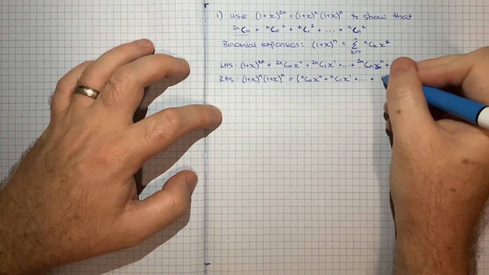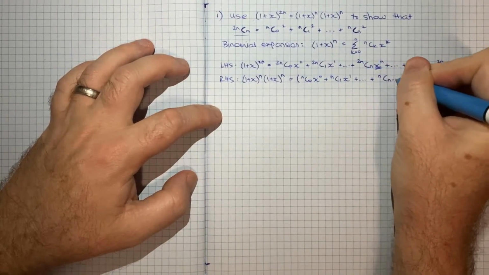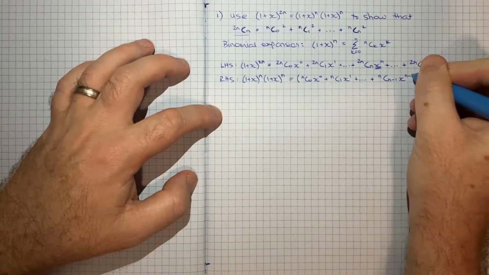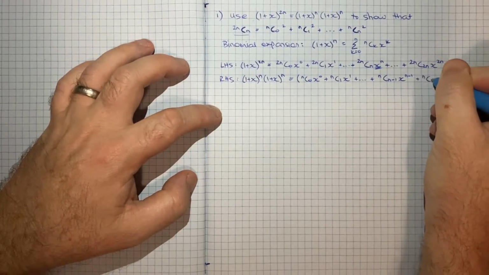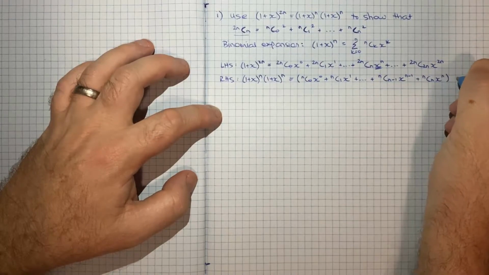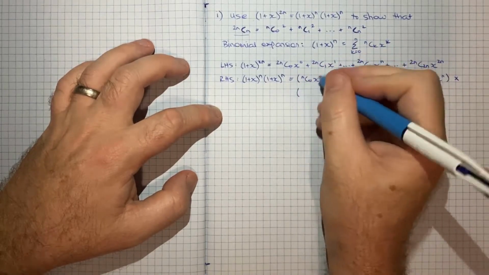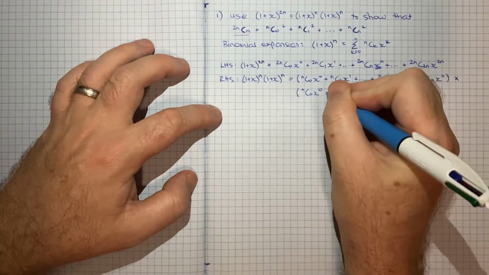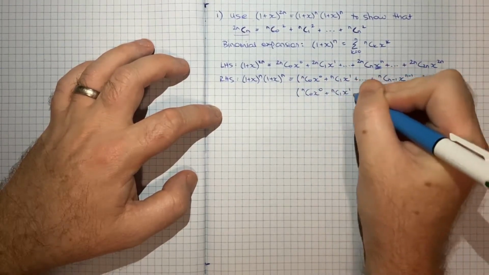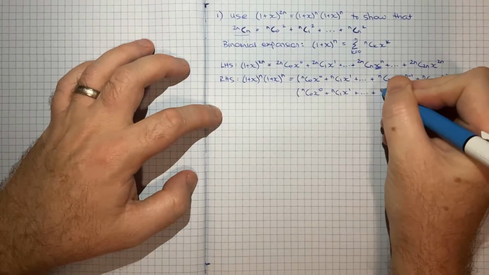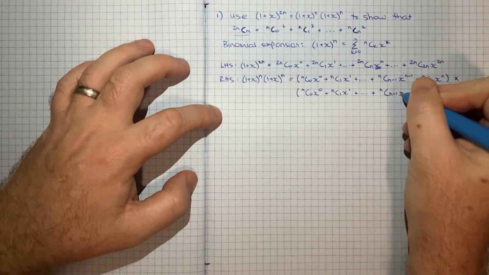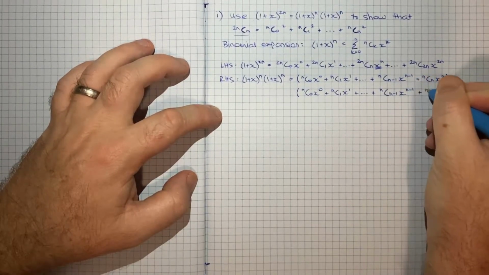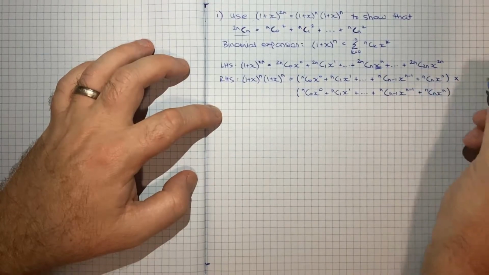I might write the last two items, so nC(n-1) x^(n-1) + nCn x^n, multiplied by itself, because it's the same thing multiplied, so nC0 x^0 + nC1 x^1, and so on, to nC(n-1) x^(n-1) + nCn x^n.